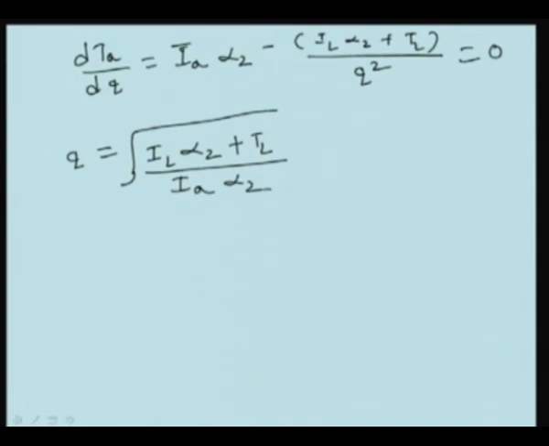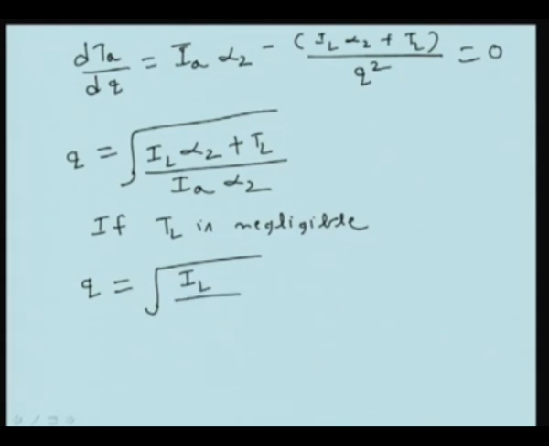If TL is negligible, then Q is equal to under root IL divided by IA.